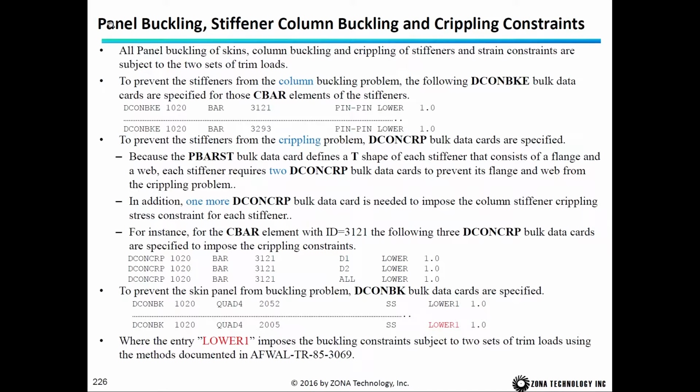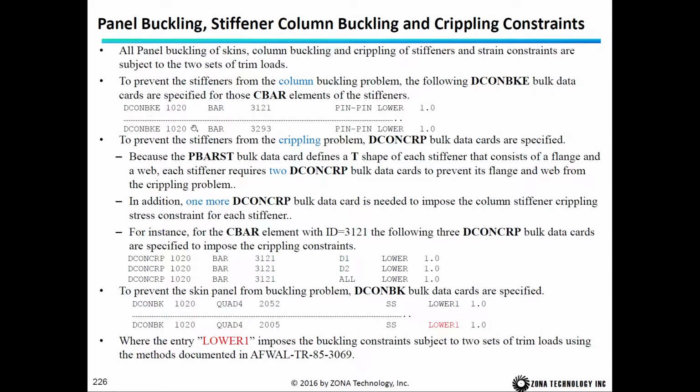All panel buckling of the wing skin, column buckling and the crippling of the stiffeners, and the strain constraints are subjected to the two sets of trim loads.